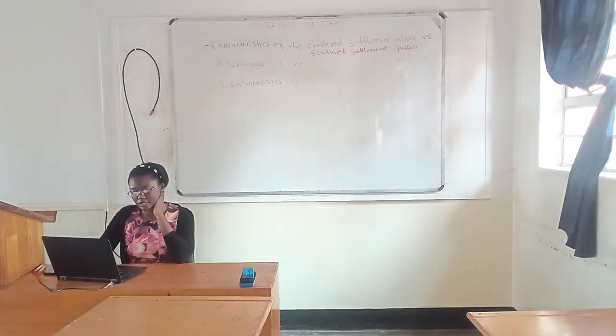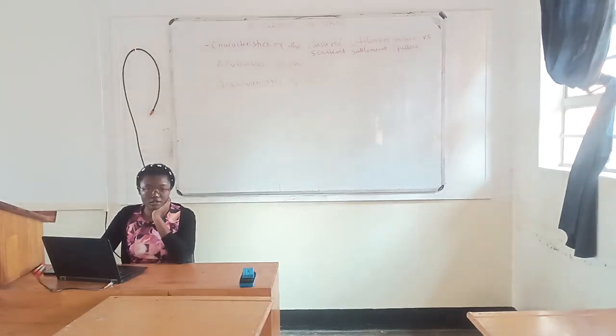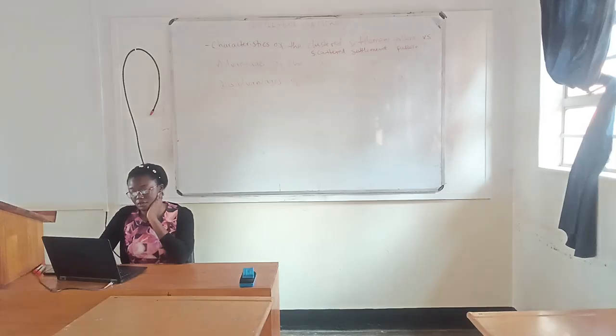And one other notable disadvantage would be that if there is research, maybe you going there to do a survey or to find out about something, for you to identify the boundaries, it will be much harder for purposes of research.